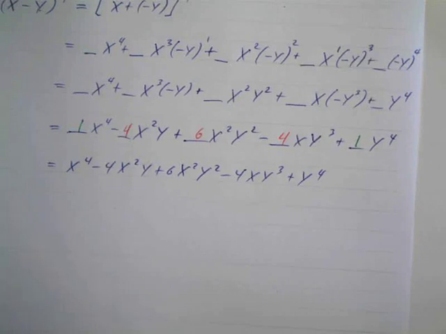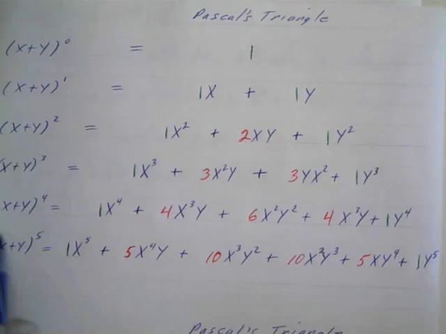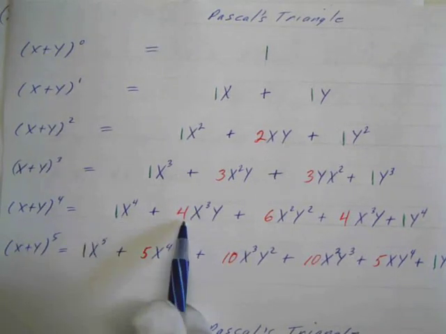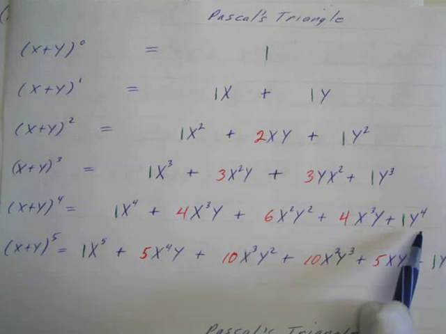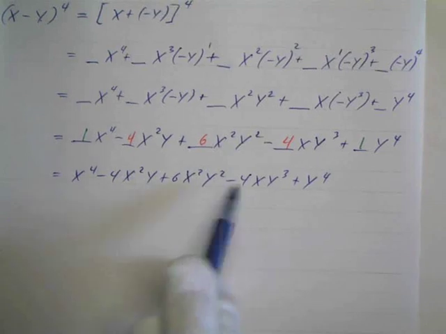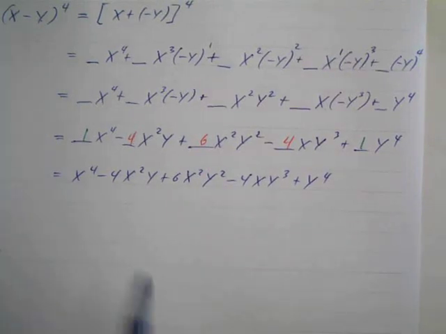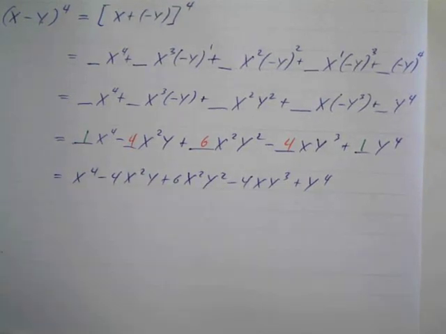If we look over here at my example we did a while back, x plus y to the fourth, you see we just have x to the fourth, 4x cubed y, 6x squared y squared, 4xy cubed, and y to the fourth. So it looks exactly the same, except that the signs are alternating. I've got these two negative signs. Everything else is exactly the same. So it goes plus, minus, plus, minus, plus.